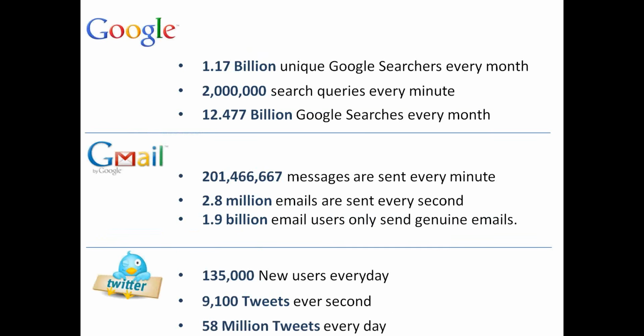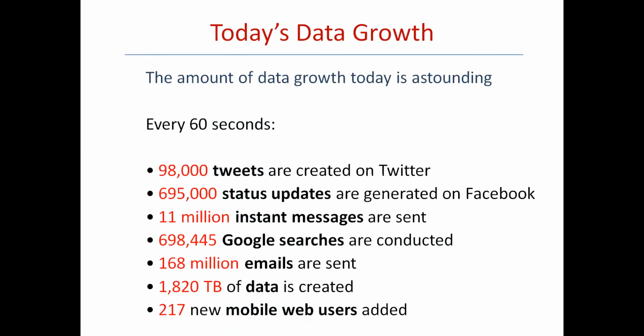All your search engines like Google, Yahoo, Bing, all the email clients, all the social networks, generate huge amounts of data today. A lot happens in 1 minute over the internet: lots of feeds, status updates, instant messages, Google searches, emails. Close to 2000 terabytes of data is created every minute over the internet.